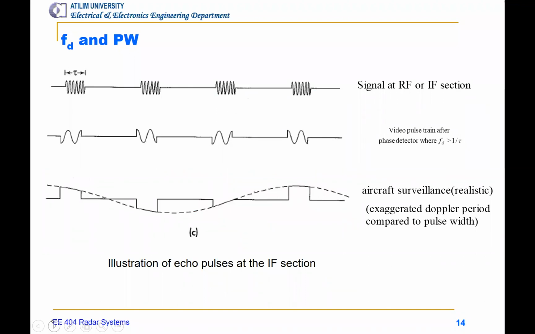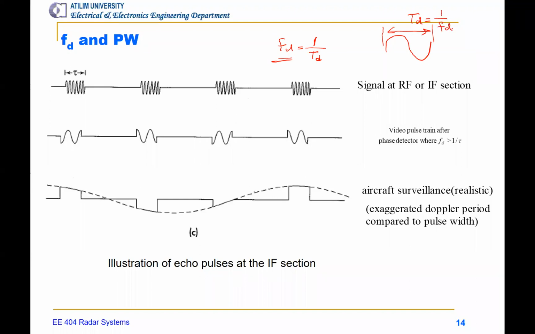Here we see how this could happen when there is a Doppler shift, as I said previously. Let's say fD, the Doppler shift, which may have a Doppler period, let's say TD. So you see Doppler shift is just a sinusoid simply. Let's say this is a sinusoid with duration TD, then the Doppler shift is going to be 1 over TD, right?